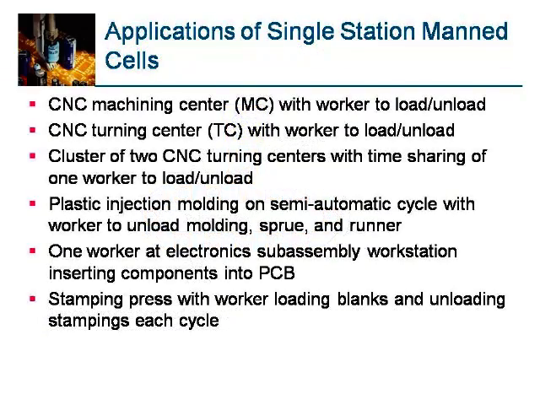Applications of single station manned cells: CNC machining center with worker to load and unload; CNC turning center with worker to unload and load; cluster of 2 CNC turning centers with time sharing of one worker to load and unload; plastic injection molding on semi-automatic cycle with worker to unload molding, sprue and runner; one worker at an electronics subassembly workstation inserting components into PCBs; stamping press with one worker loading blanks and unloading stampings in each cycle. These are all examples of that.